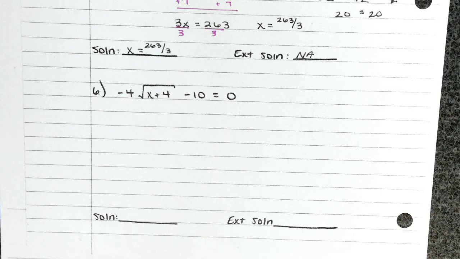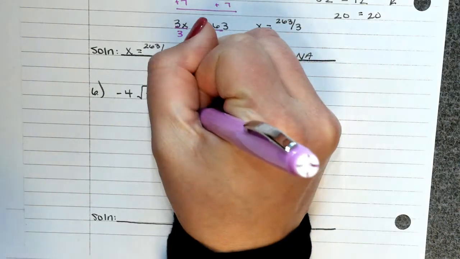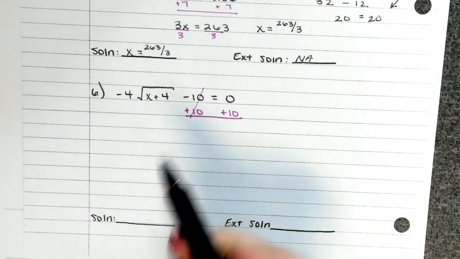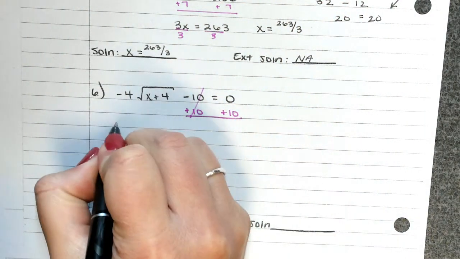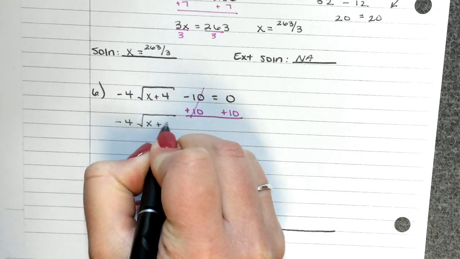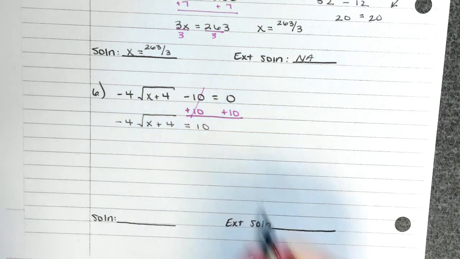Number 7, what do I do first? Add 10 to both sides. Okay. And what do you get? Negative 4 x plus 4 equals 10. Okay.